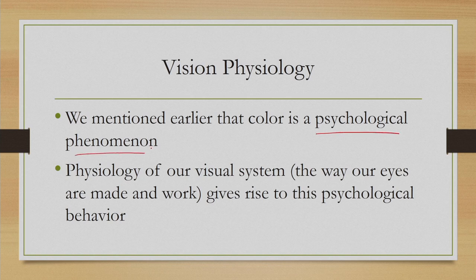So, it is essentially our perception that there is a color. Now, where does this perception come from? That is due to the physiology of our visual system, or the way our eyes are made and the way they work. So, essentially the physiology determines the psychological effect.